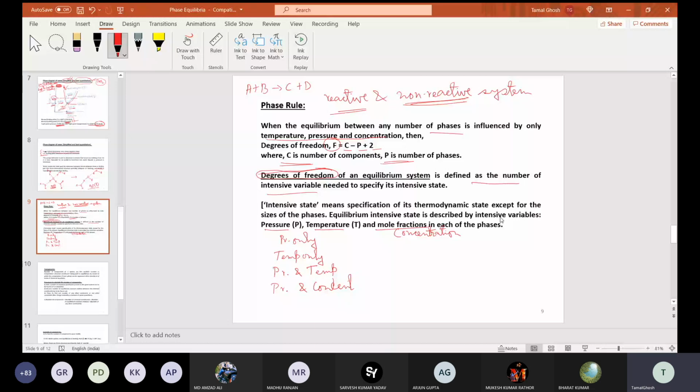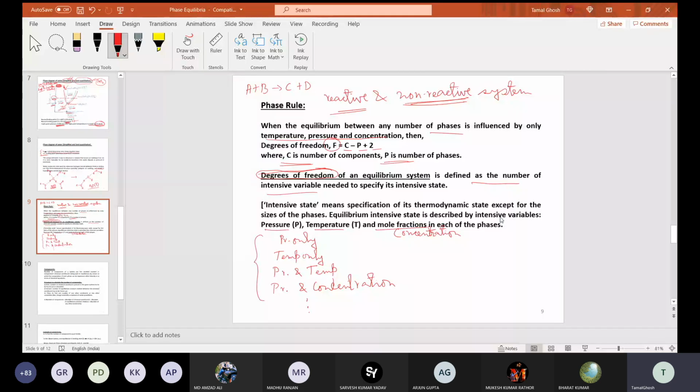So there are many options. Among these, which one is applicable to your given problem, you have to justify. We are only getting the number from this.